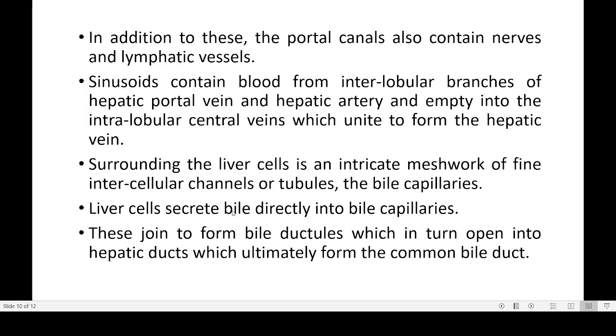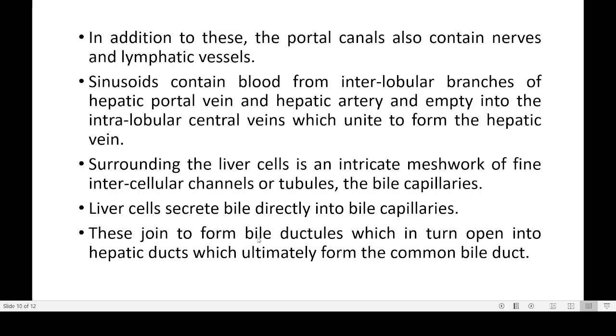The basic function of the liver cell is to secrete bile. That is the basic function of the liver. Producing bile is important because bile is a digestive juice. It is because of the help of bile we are able to digest the food. And bile is taken into the digestive tract by means of bile capillaries.